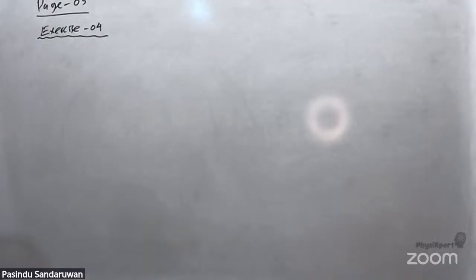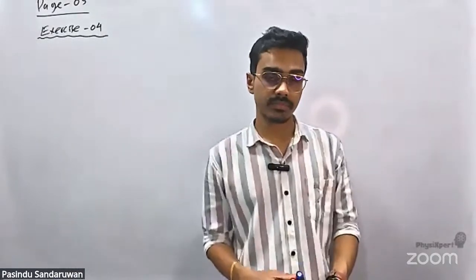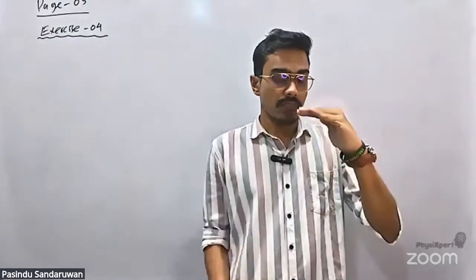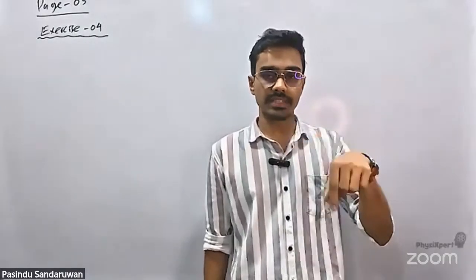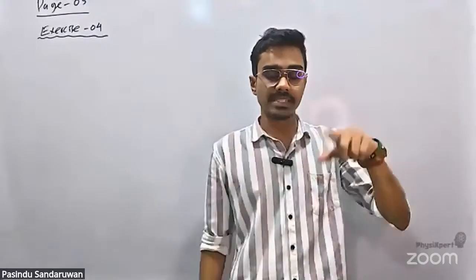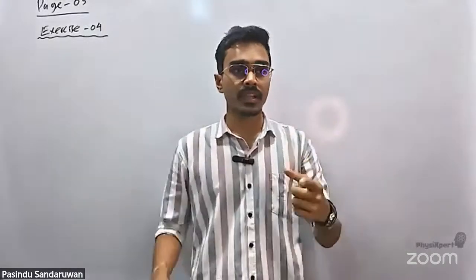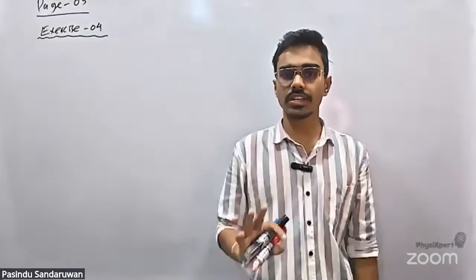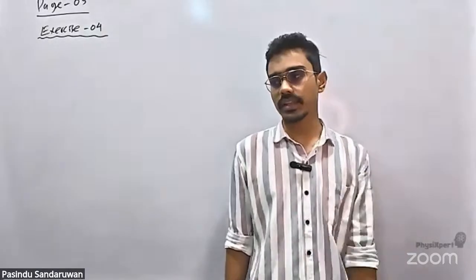When we do so, if the vernier zero on the circular scale and the main scale zero on the linear scale of the spirometer coincide, there is no zero error in the instrument. But if not, there is a zero error.